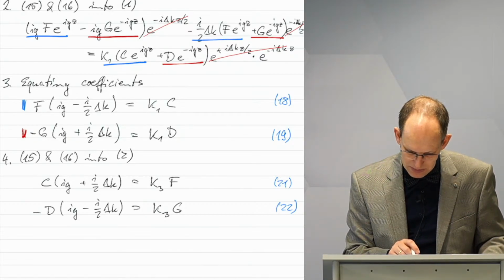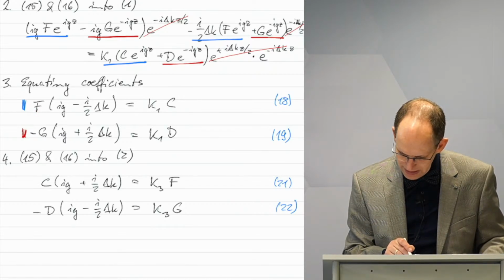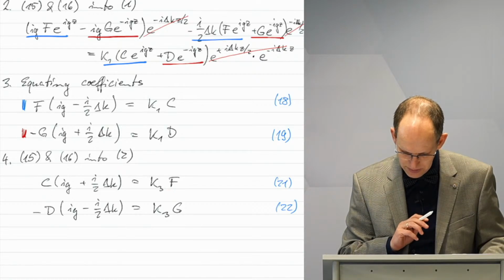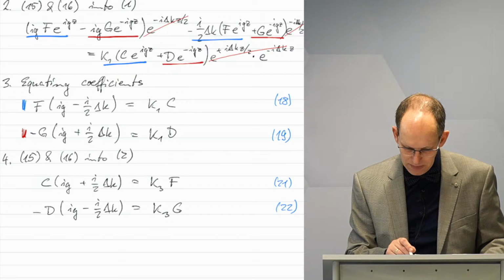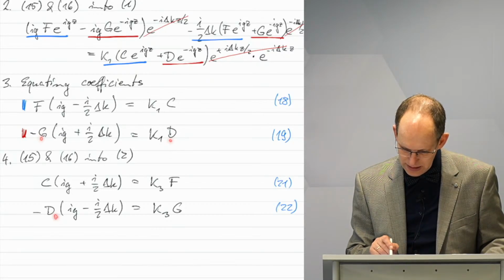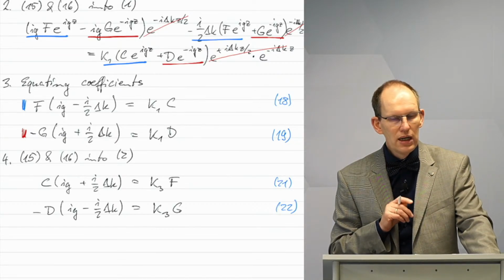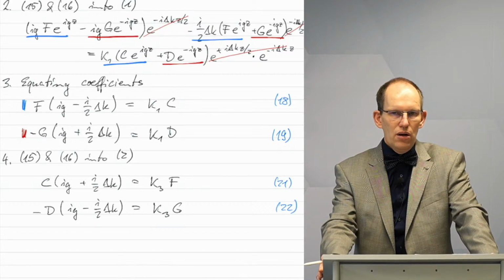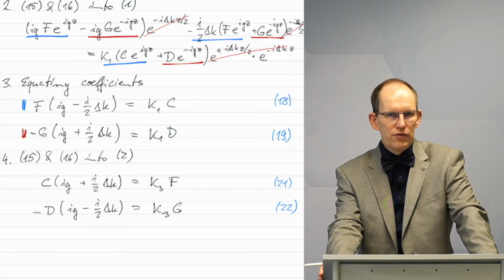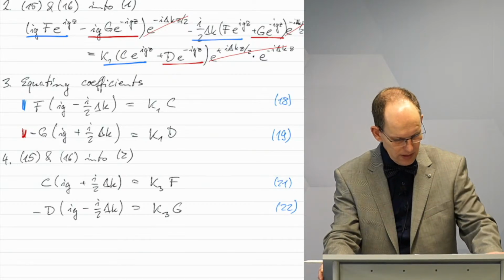We have f and c in equation 18 and in equation 21, but we don't have them anywhere else. And the same for g and d: they only appear in equations 19 and 22. So what we actually have is just a system of 2 equations with 2 unknowns, but we have it twice.